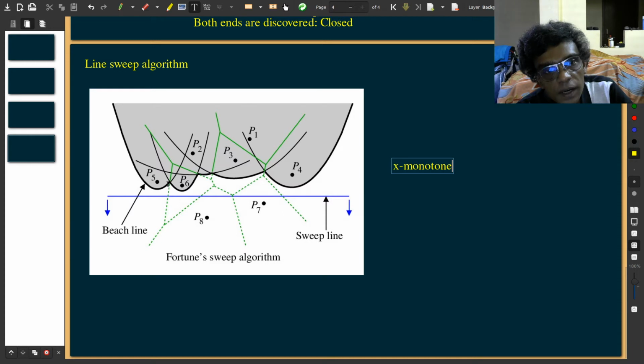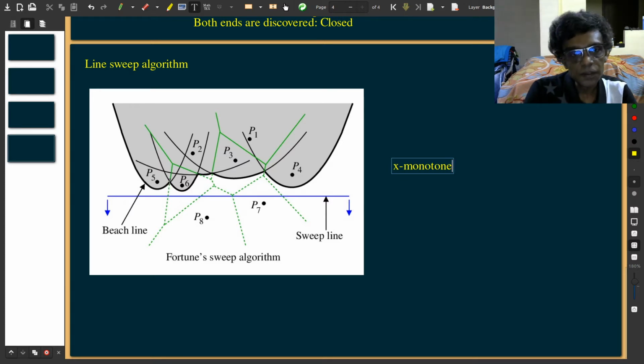So look at this point where two parabolic arcs intersect. On this parabola, the distance between P5 and this point is the same as the distance to the line. At the same time, since this point also lies on P6's parabola, the distance from P6 to this point and this line are the same.